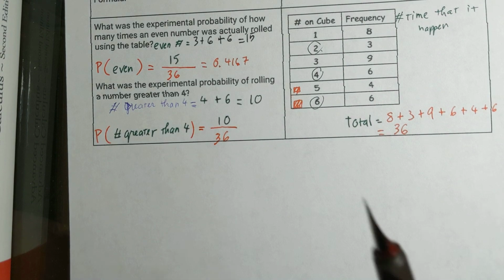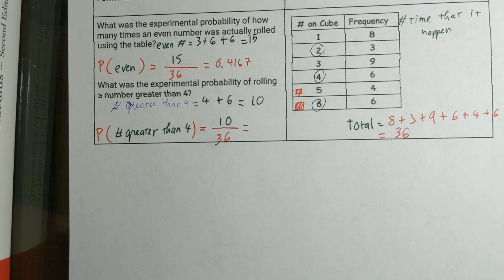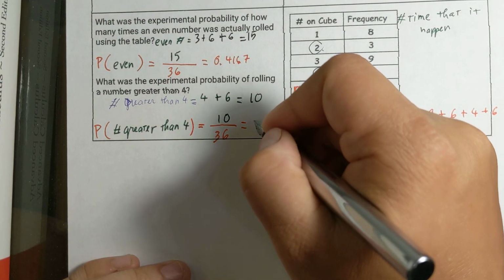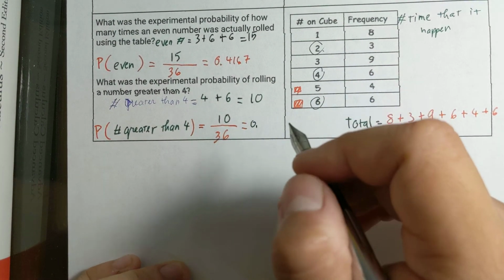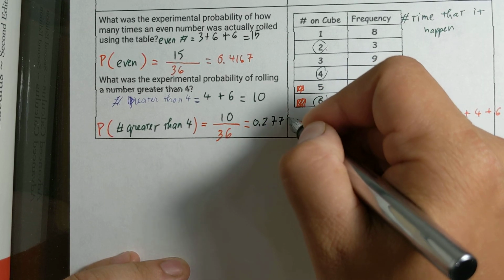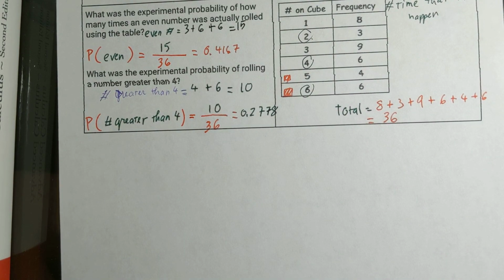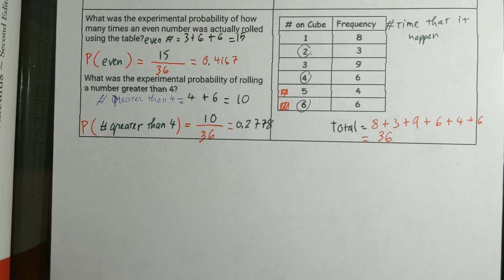Then you have to type that into your trusty calculator. You can use your phone calculator, it'll give you the same thing. 10 out of 36 should be 0.2778. And again, I round this up to 4 decimals.